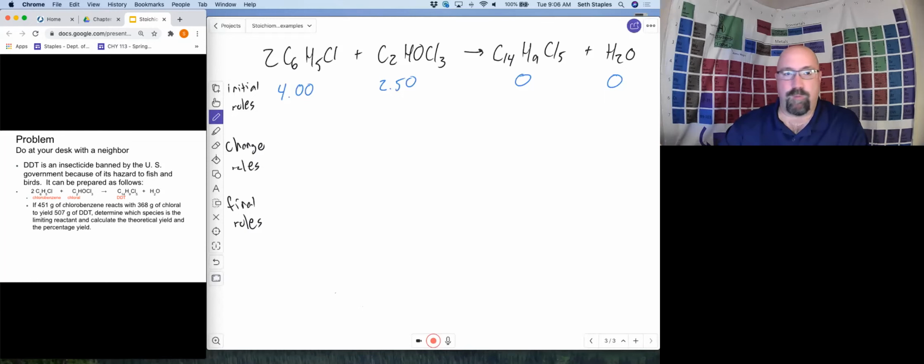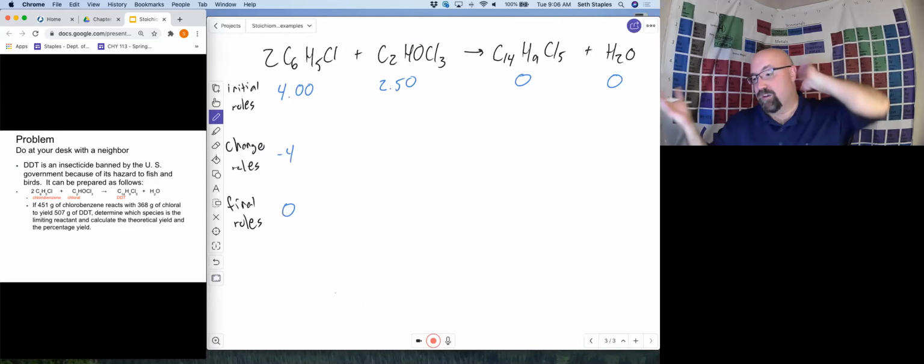So let's say if chlorobenzene, the C6H5Cl, was our limiting reactant, then we would have a change of -4 moles of that to leave us with 0. Now we have a 1:2 ratio here. For every 2 chlorobenzenes, only 1 of the chloral actually disappears. And so we would have a change of -2 for this reactant, which would leave us with 0.50.